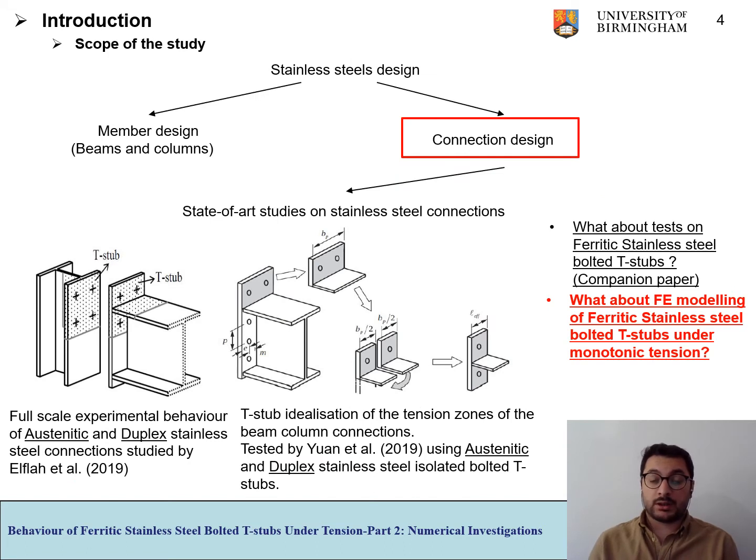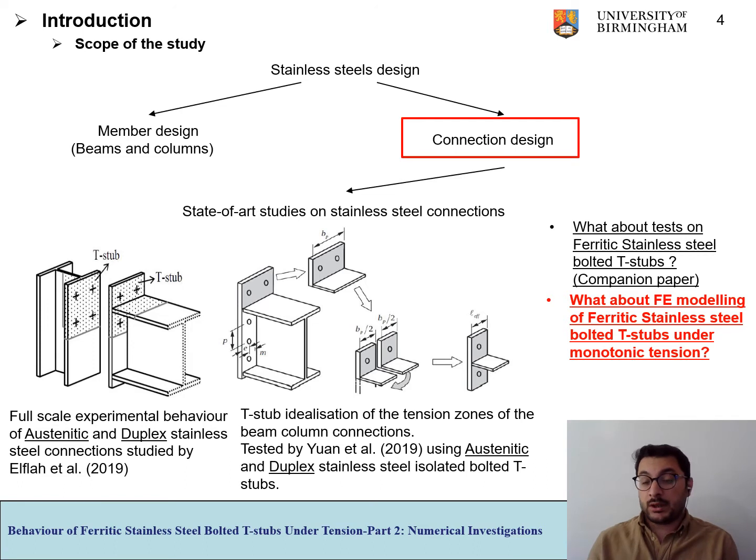In the scope of this study, we just focused on the connection design. The state-of-the-art studies on stainless steel connections have been reported using full-scale experiments by Elfala et al., and they also considered austenitic and duplex stainless steel. After that, tests on idealized and isolated bolted T-stubs using austenitic and duplex stainless steel were published by Yuan et al.